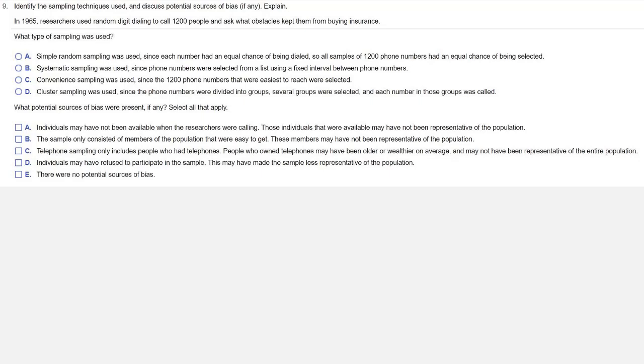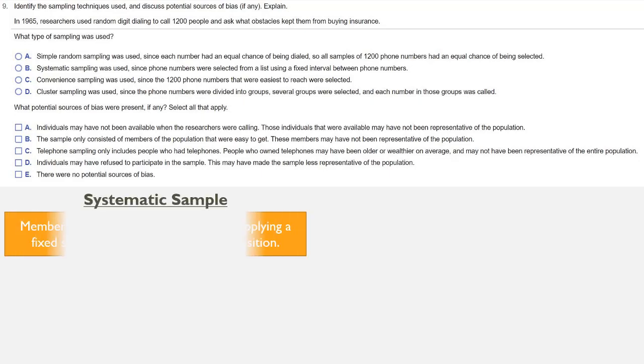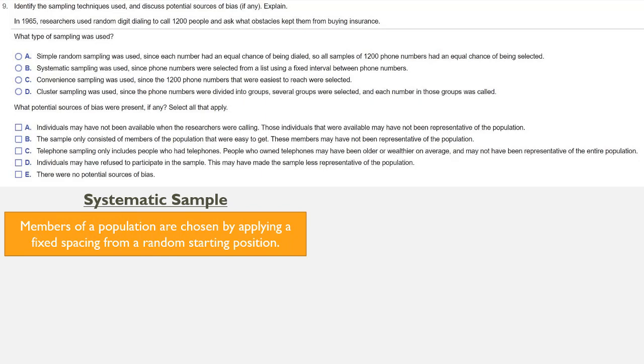We're given 4 choices: simple random sampling, systematic sampling, convenience sampling, and cluster sampling. So let's review what each one of those types of sampling is about. In systematic sampling, members of a population are chosen by applying a fixed spacing from a random starting position.